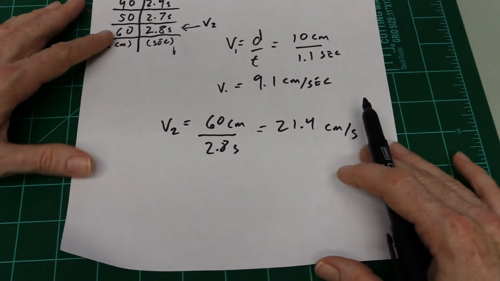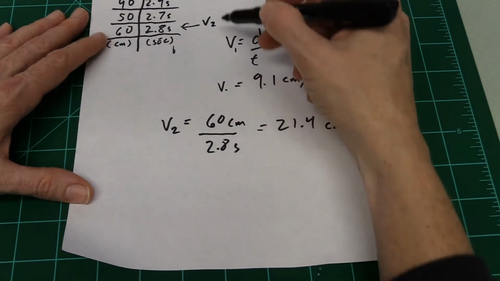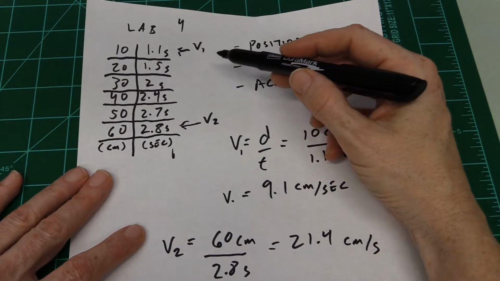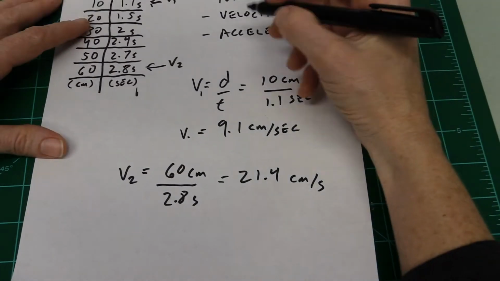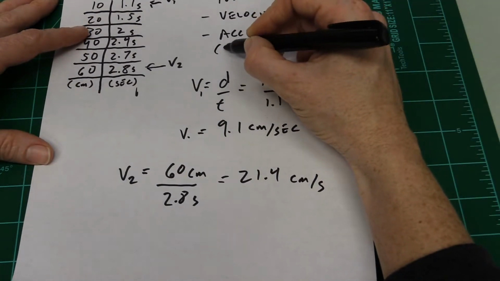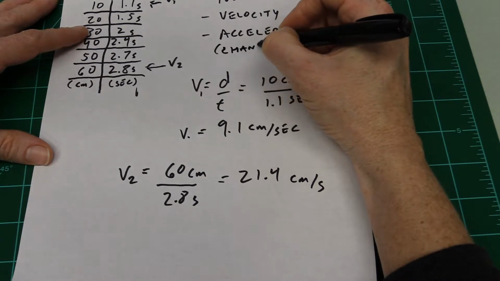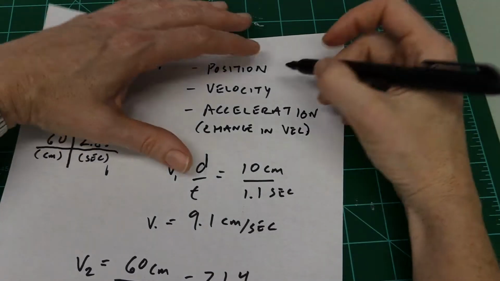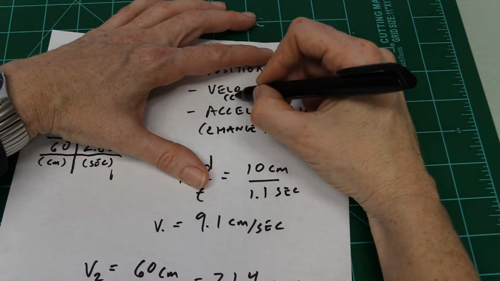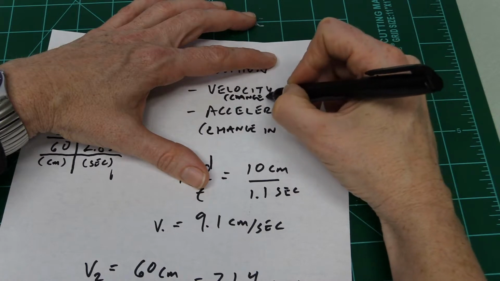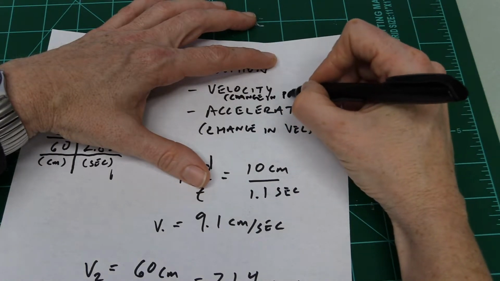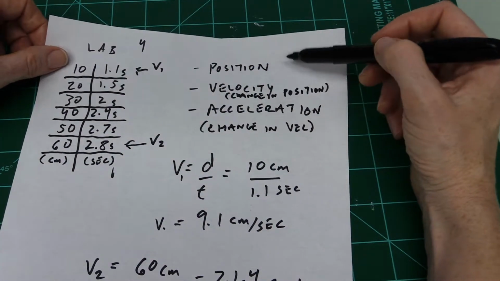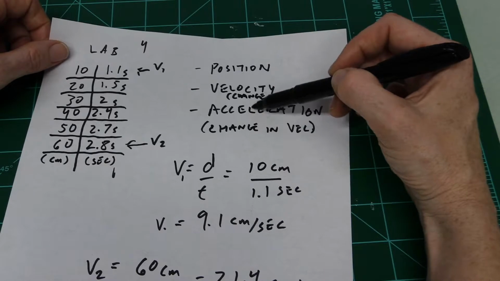Now I'm going to show you how to calculate acceleration using two different velocities, a final velocity and an initial velocity, because acceleration is a change in velocity, and velocity is a change in position with time. If you ever take calculus, you'll see these in more detail, but all of these have this relationship.